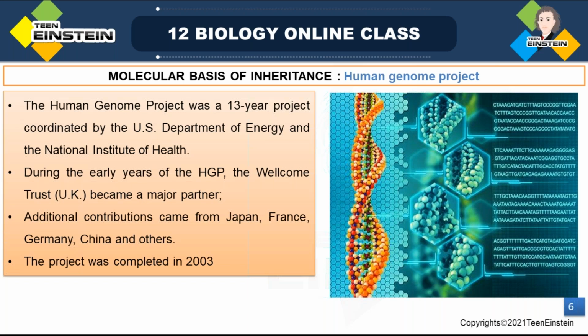They release funds, mainly for the improvement of human and animal health. For such research work, they give funding. So during the early years, Wellcome Trust became a major partner in the Human Genome Project.